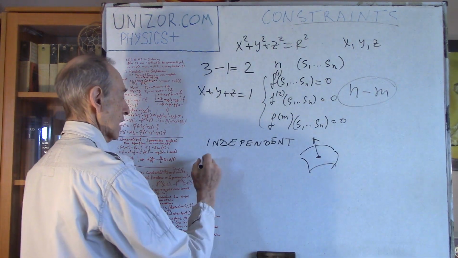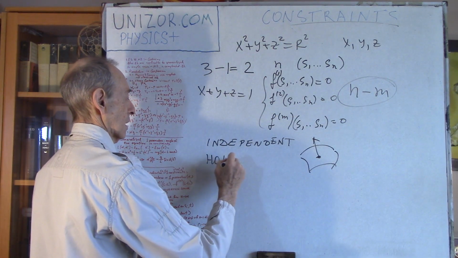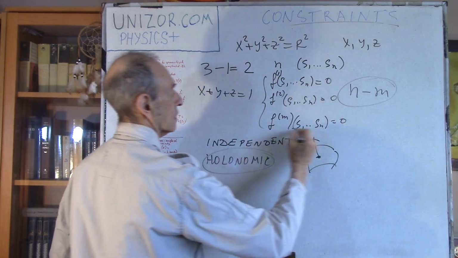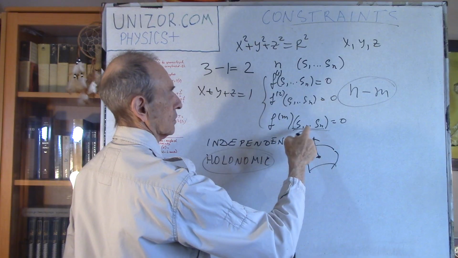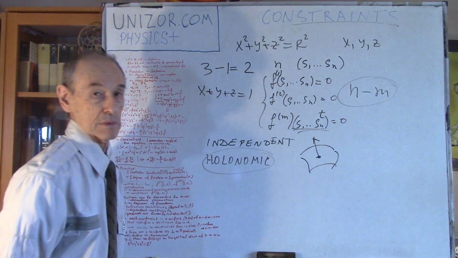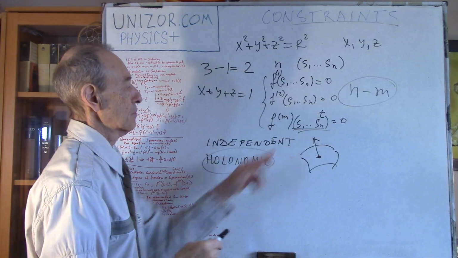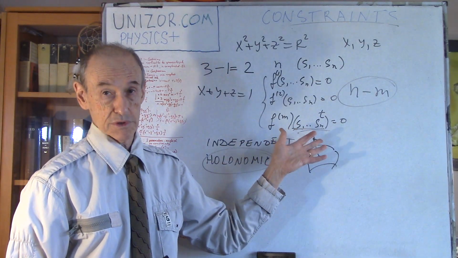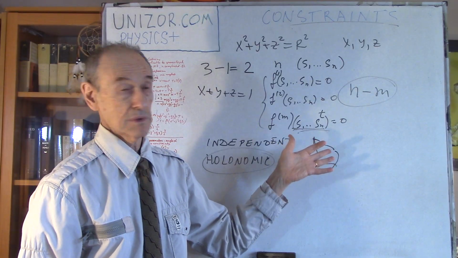And then another thing is holonomic. They're supposed to be only functions of positions and optionally of time. No dependency on, let's say, speed, the derivatives of s by time.